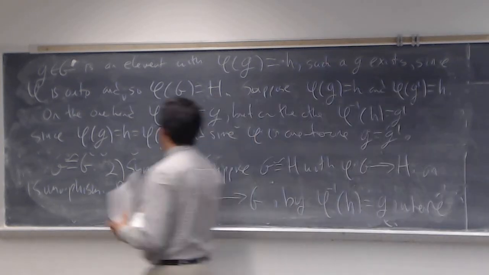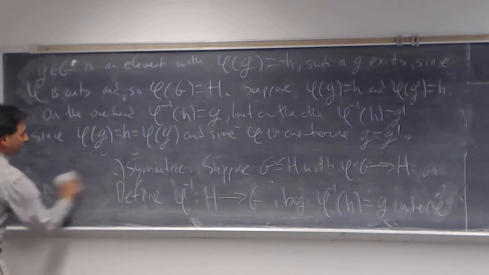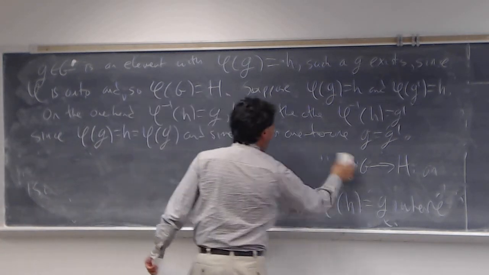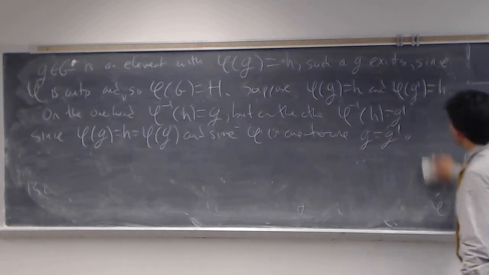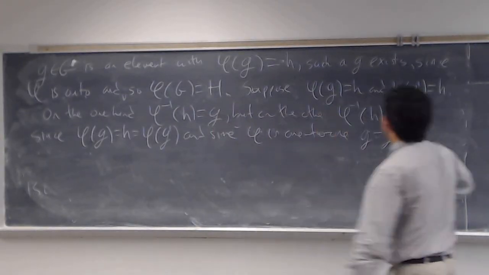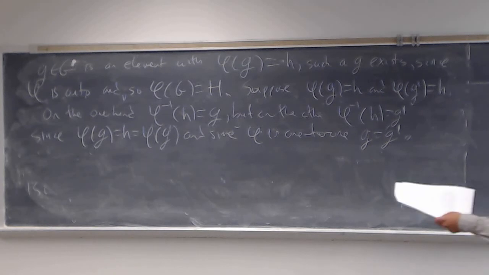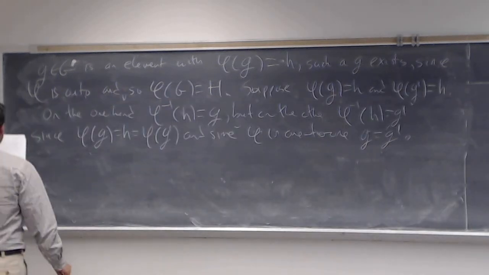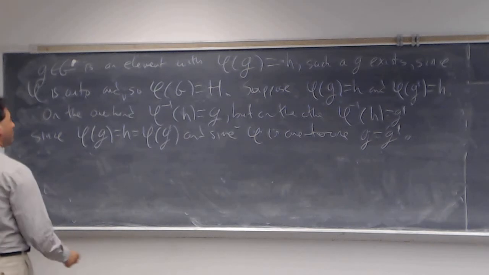And then the rest of it should be pretty easy. Often in these proofs, with homomorphisms and isomorphisms, once you can show something is well-defined, the other parts are usually not too bad at all. So let's first show that now it's well-defined. Why is it a homomorphism?